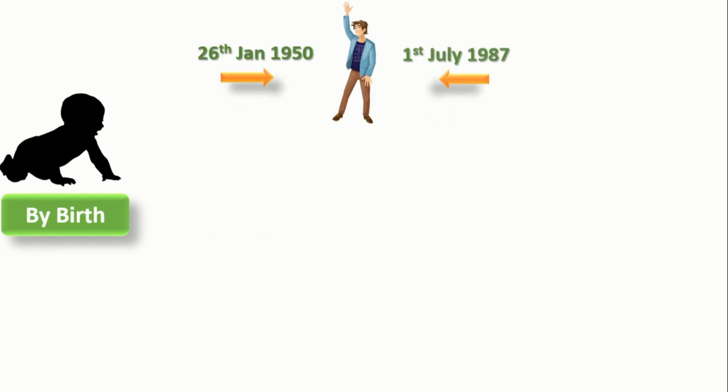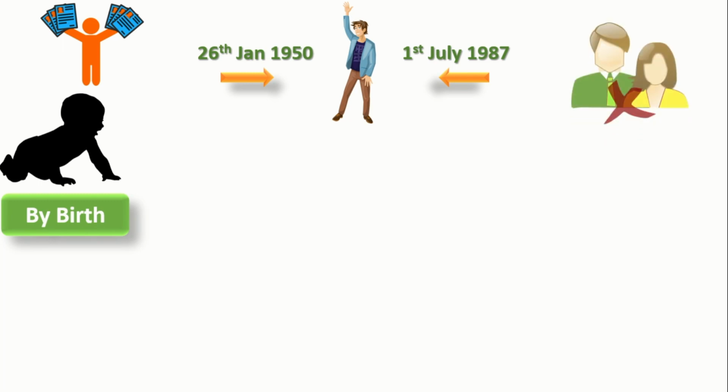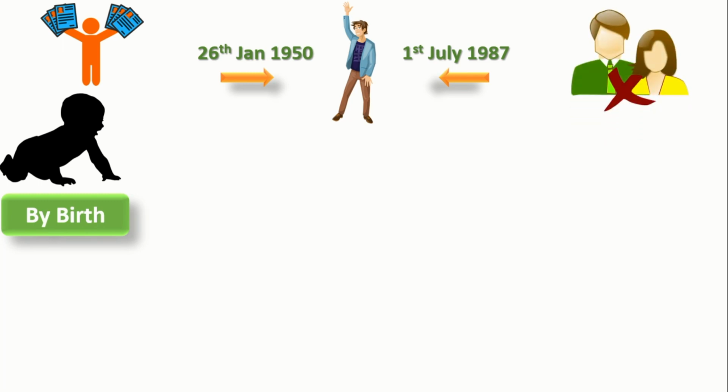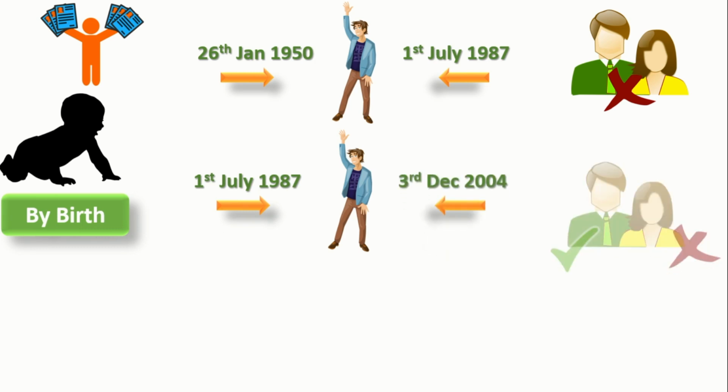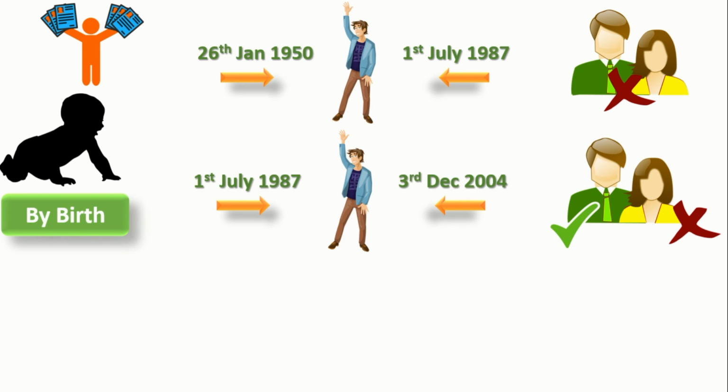First way is acquiring citizenship by birth. It says that if a person was born after 26 January 1950 but before 1st July 1987, then that person automatically gets the citizenship of India, irrespective of his parents' citizenship. If the person was born after 1st July 1987 but before 3rd December 2004, then either of his parents should be a citizen of India.